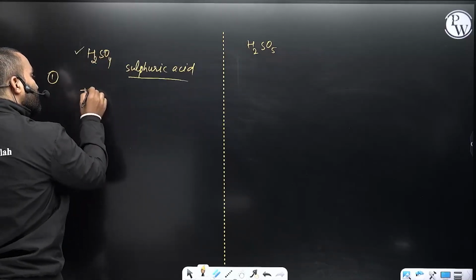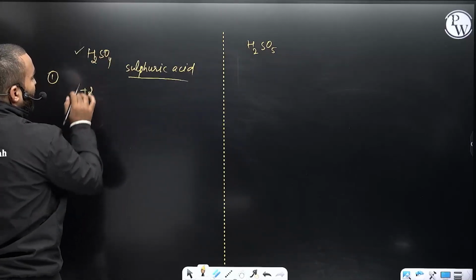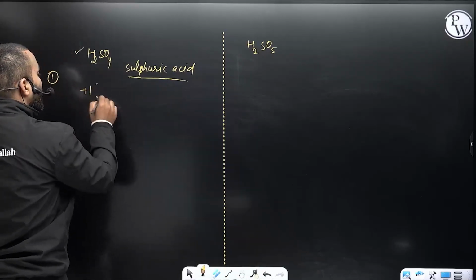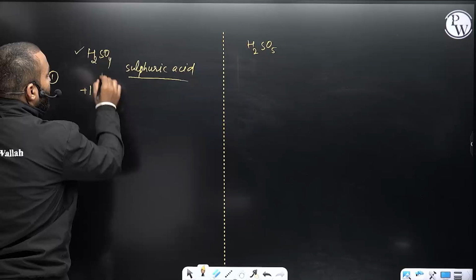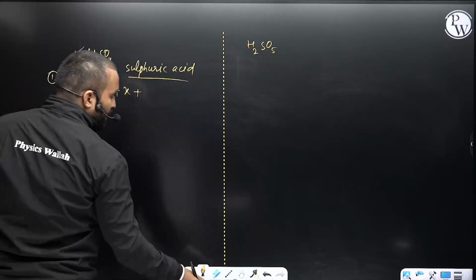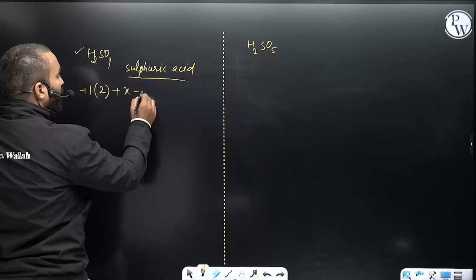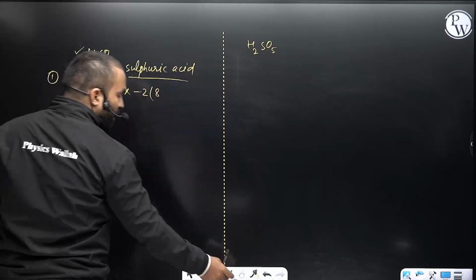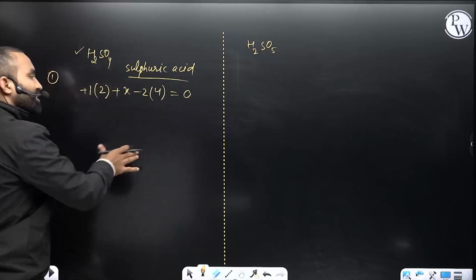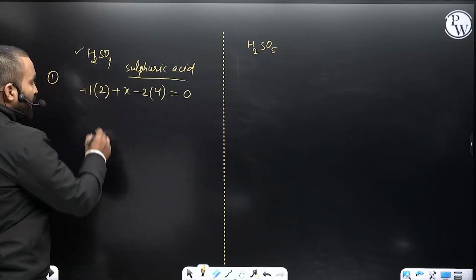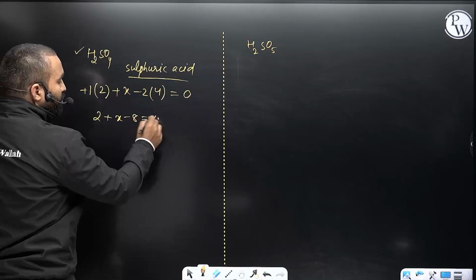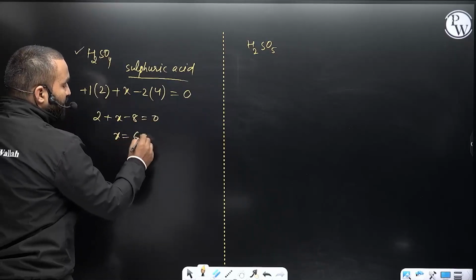Let me explicitly write +1 for hydrogen, 2 hydrogens, plus X for sulfur, plus -2 for oxygen, for 4 oxygen atoms. Overall charge is 0. This is known as the algebraic method. This will be 2 + X - 8 = 0. X is 6+.